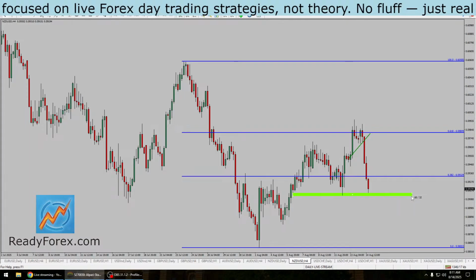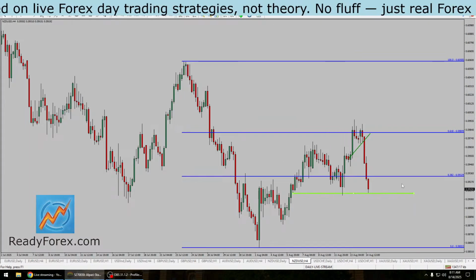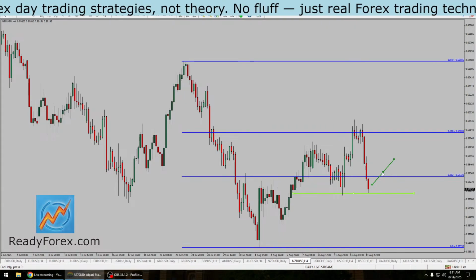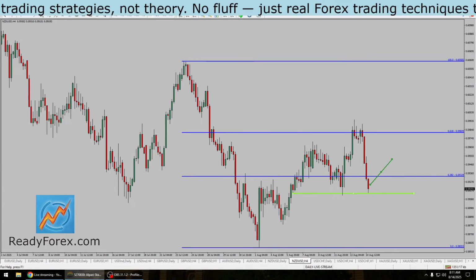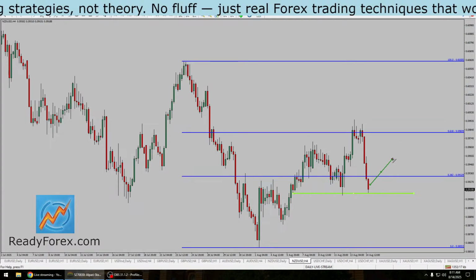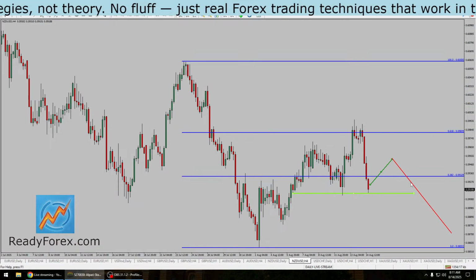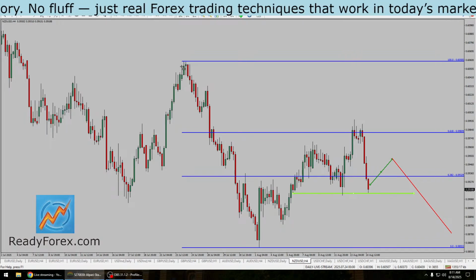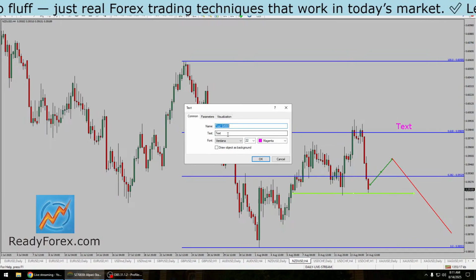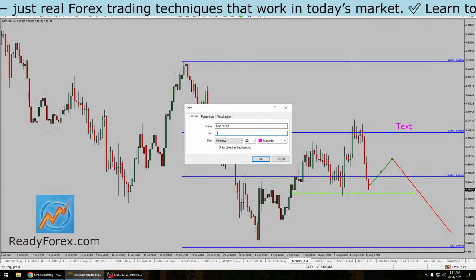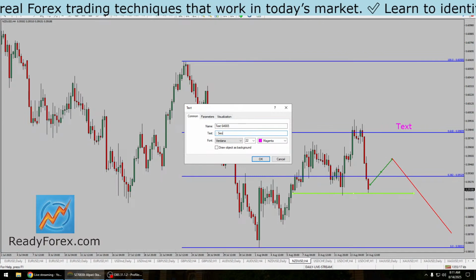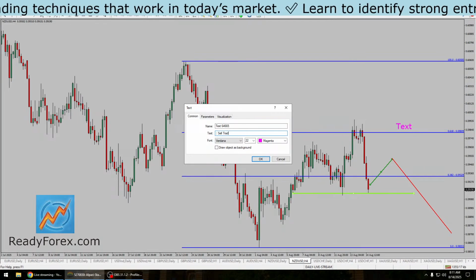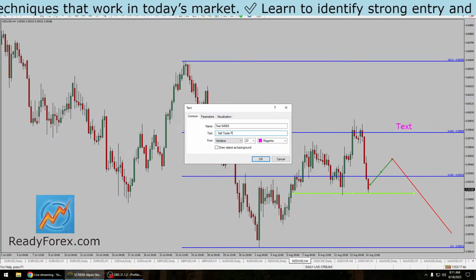So do not jump into the market at the price level, wait for a pullback first. So if NZDUSD currency is going to drop, wait for a pullback, and then look for some sort of a sell trade. So this is a sell trade plan. Let me write it down. Okay, sell trade plan.